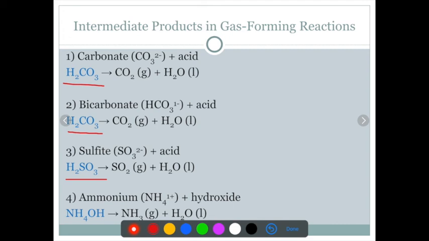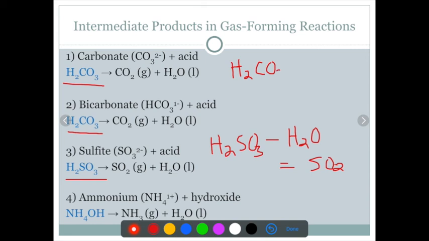So really, if you're having trouble remembering what the gas that's being produced is, get your intermediate product here, H2SO3, subtract out water, okay, subtract out 2 hydrogen, 1 water, and that gives us SO2. Okay, same thing up here, H2CO3, subtract out water, and that gives us CO2.